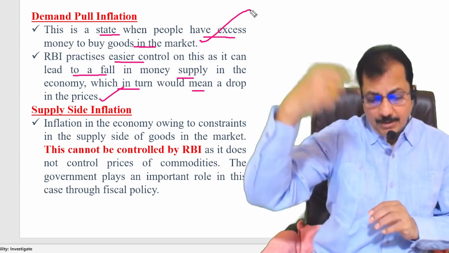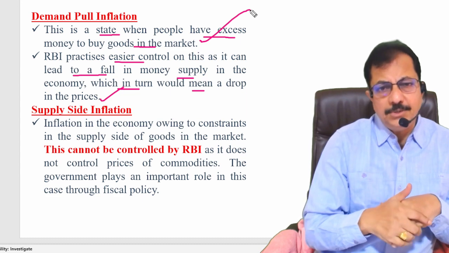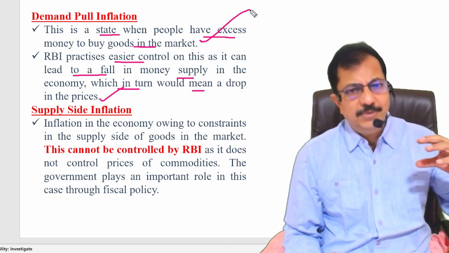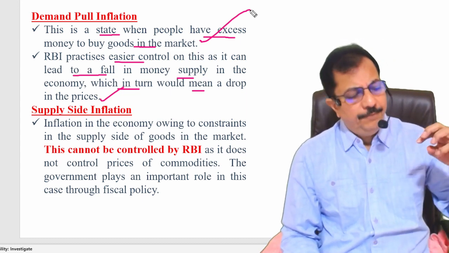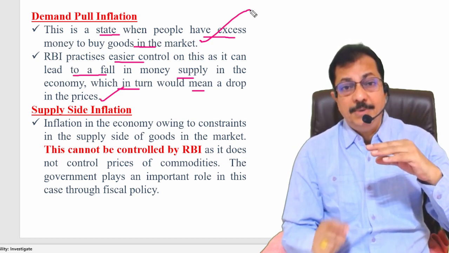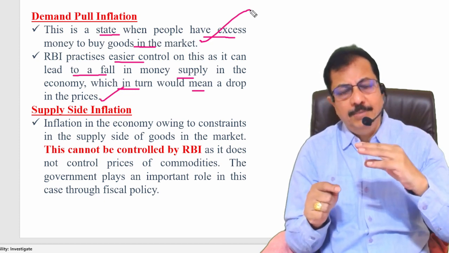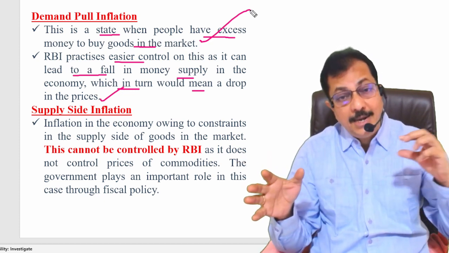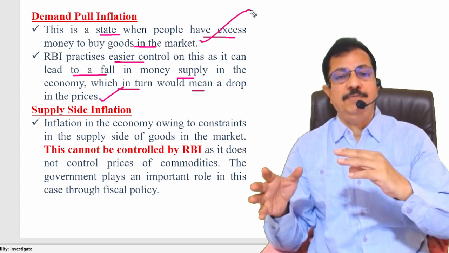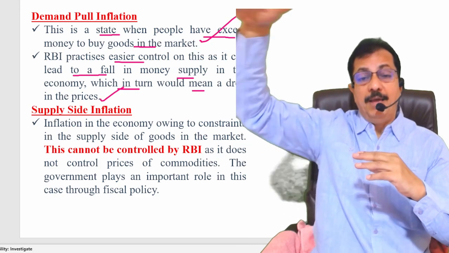But government will come into the picture when there is supply side inflation. Is that okay? There is some problem with the supply. Only few products are being released. And then what is happening? That is also leading to inflation. Why? Only few products are available. Demand is more, right? And the supply is pushing the inflation. This is not because of high demand, because people have high money.